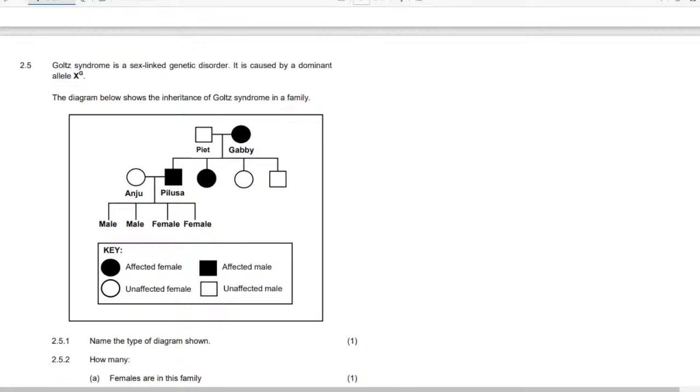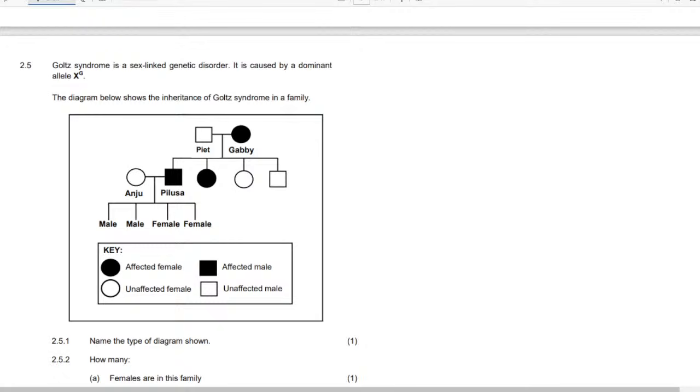This syndrome, I don't know whether you read it as hotty or gotty or whatever, it's a scientific term, but I know that many students read it as hot.